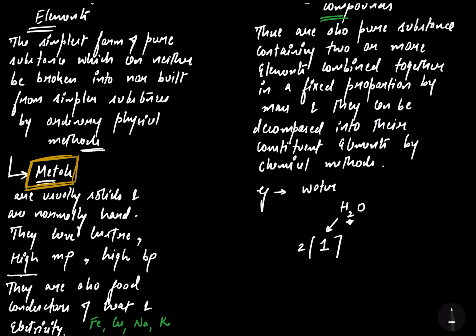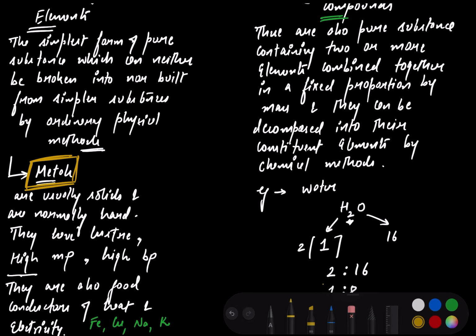That means the total mass of hydrogen in H2O is 2 AMU. What's the atomic mass of oxygen? That's 16. So let me find the ratio of the mass. It's 2:16. In short, the simplest comes out to be 1:8.